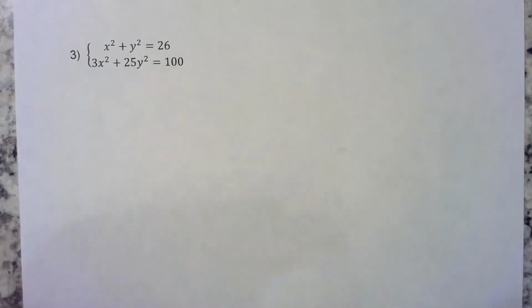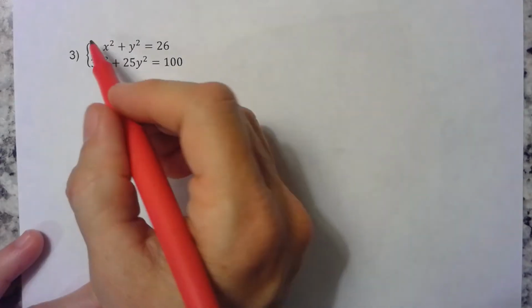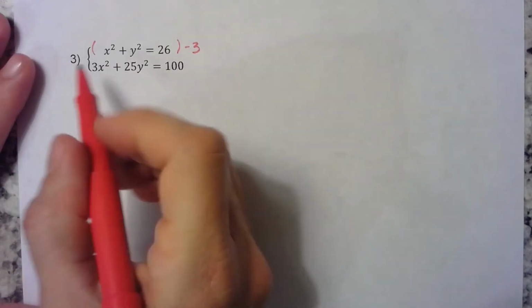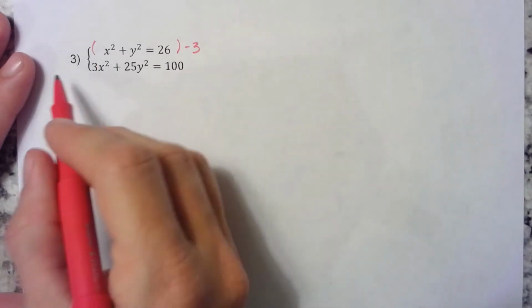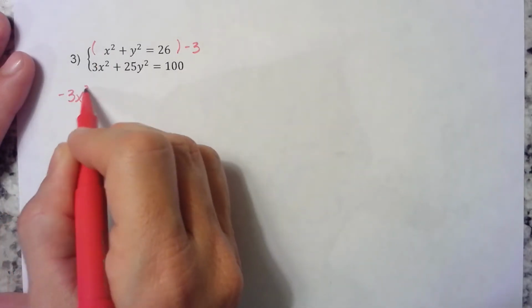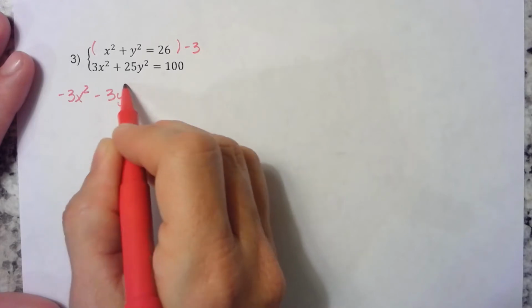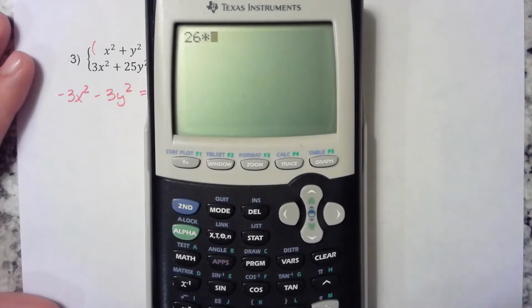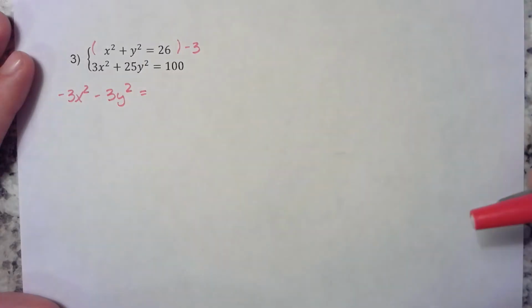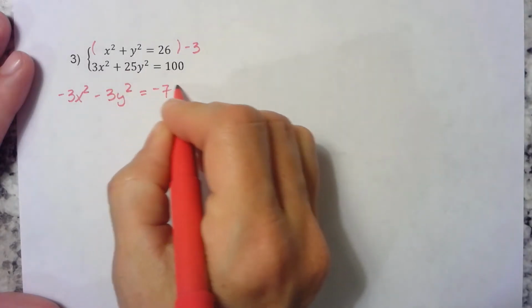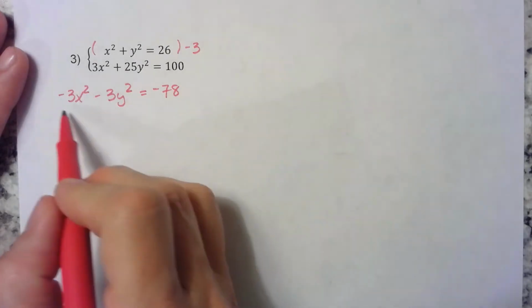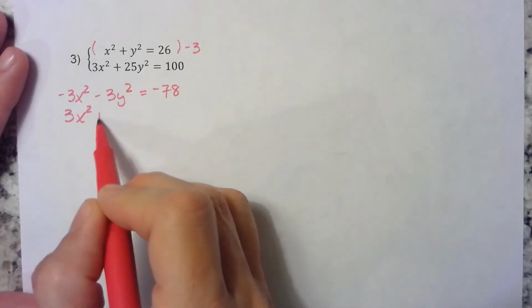We can multiply this first one by a negative 3. And that will make our x squares cancel. So we'll have a negative 3x squared minus 3y squared equals, 26 times 3 is 78, so a negative 78. Add them together.